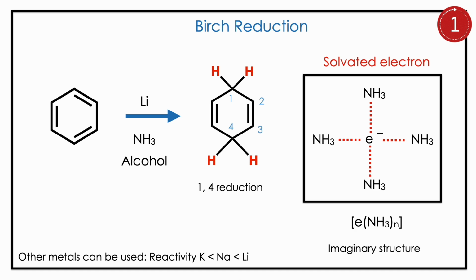Here, lithium and liquid ammonia form a complex kind of reagent. Basically, it's a solvated electron. You can imagine multiple ways, but a simple way is coordination of ammonia with an electron. The metals can also be various: sodium, potassium, and lithium. Lithium is known for its activity, so lithium is the dominant one. In some cases, potassium and sodium are used.